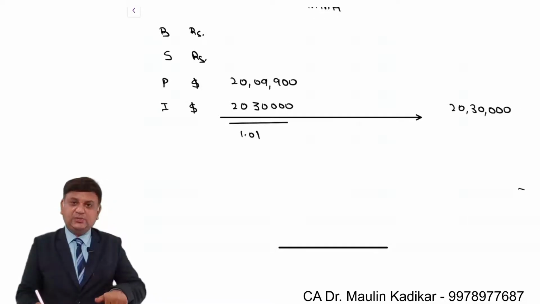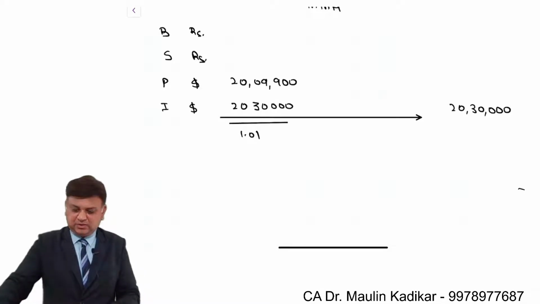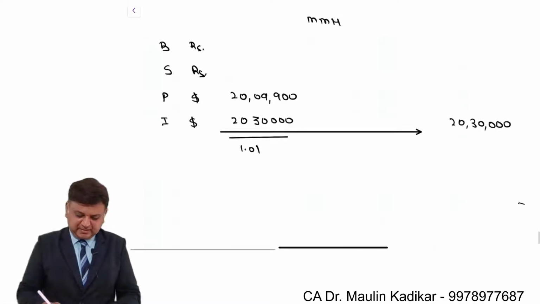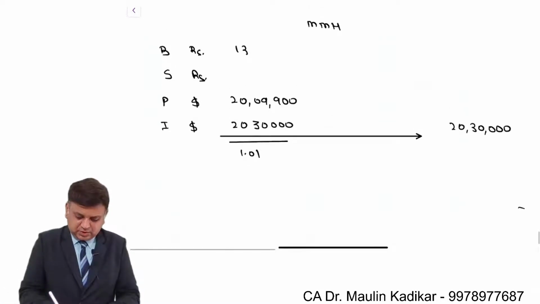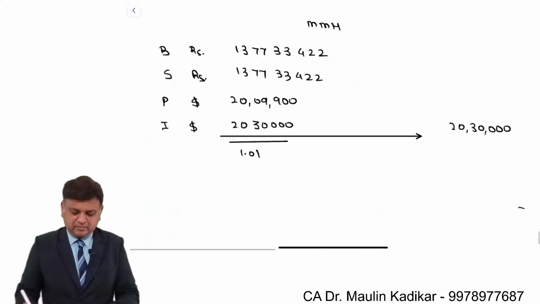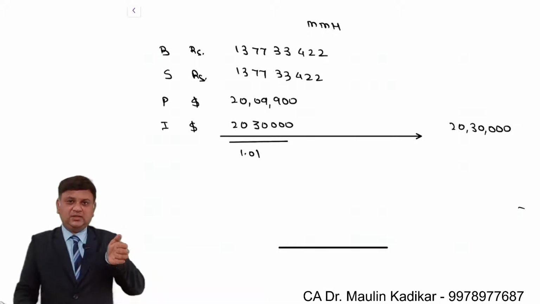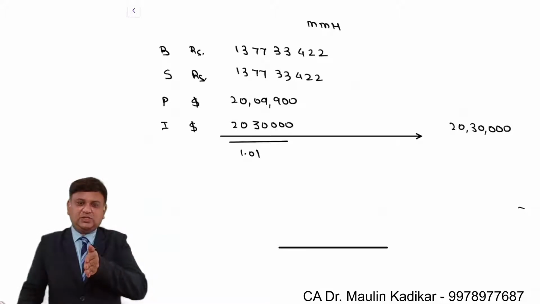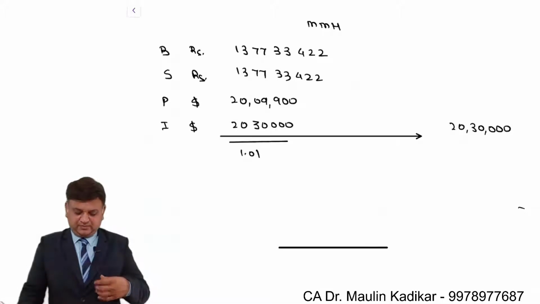For that, in the spot you are required to sell rupees, so into 68.5275. That comes to 13 crore 77 lakhs 33,422. So you sell this amount of rupees: borrow rupees, sell rupees, purchase dollar, you invest in dollar.